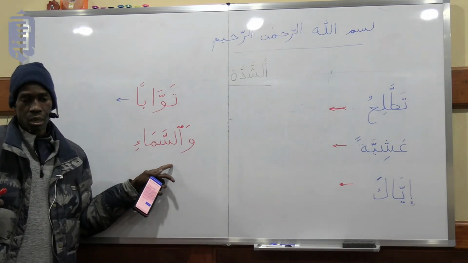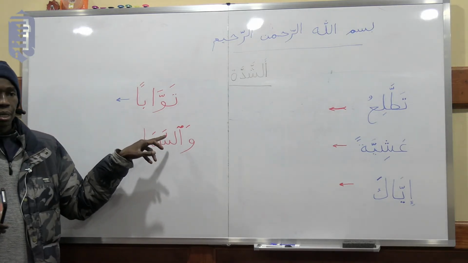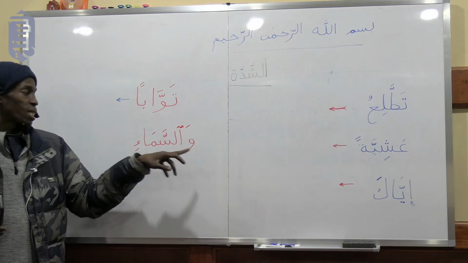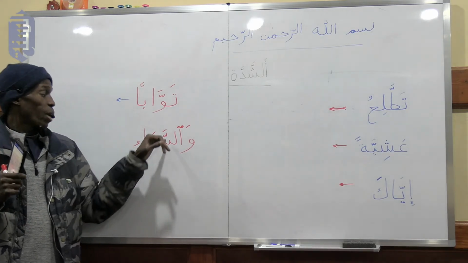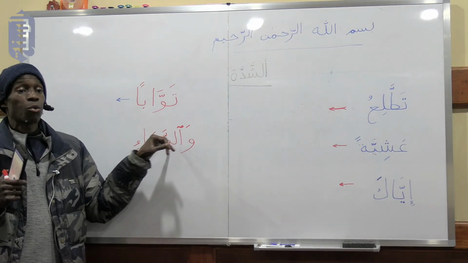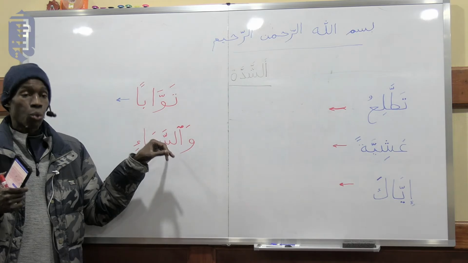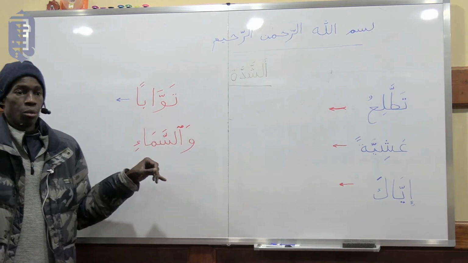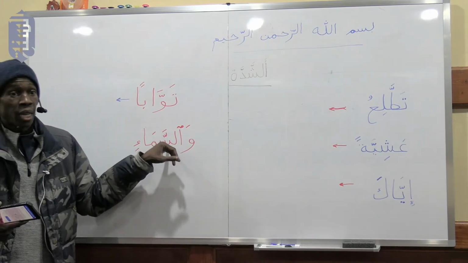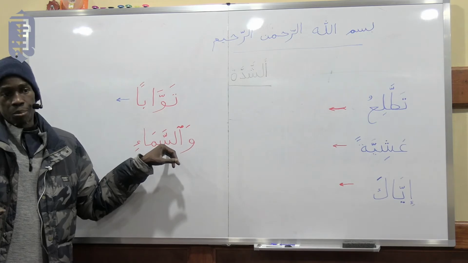If you took that shadda out there, what would you say? If it was a moon letter, I'll give you an example. Ba, like Sheikh Muhammad was mentioning. Ba is a moon letter. So this will be wal ba, for example.